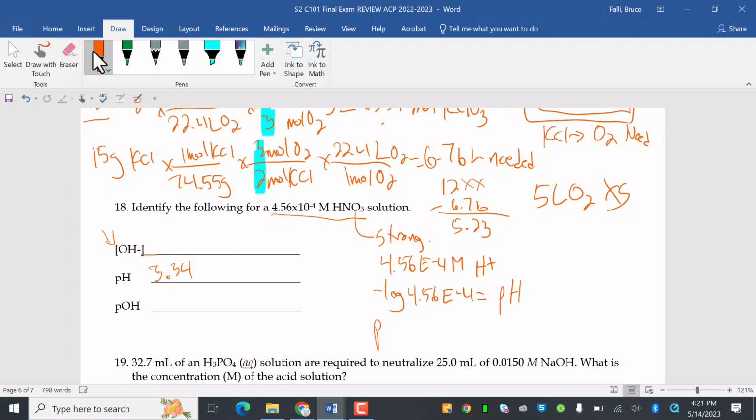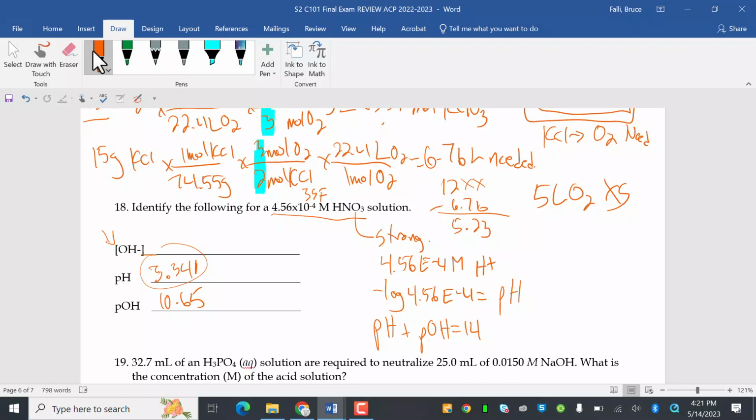And then hopefully remember pH plus pOH equals 14. So that means 14 minus 3.34, and that's 10.65. And then it's like, oh no, the sig fig thing. Do you see how this has 3 sig figs? So if it has 3 sig figs, that means I need to have 3 decimal places.